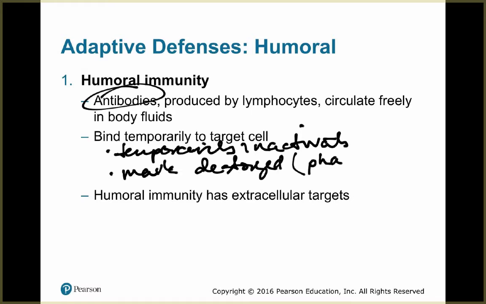Well, we can eat them with the phagocytes, right? Or we can go through complement, which is labeling them and then putting the MAC within the cells to essentially lyse them. The humoral immunity has extracellular targets.